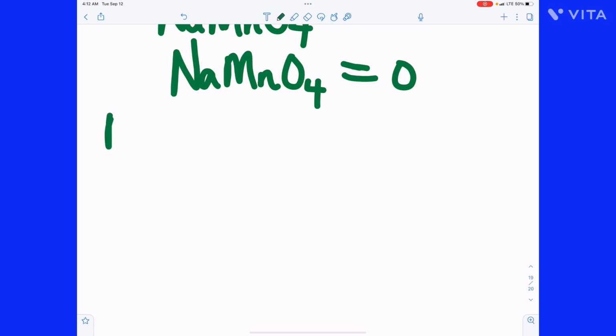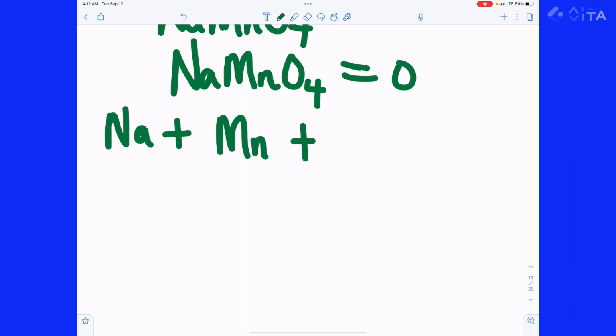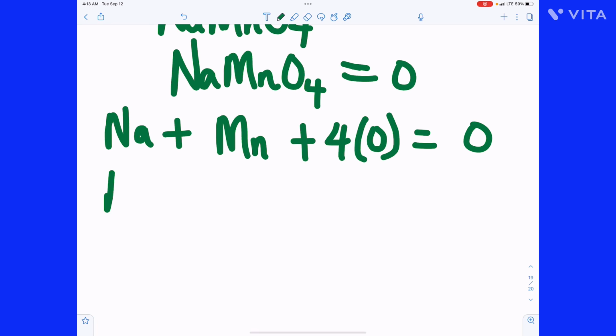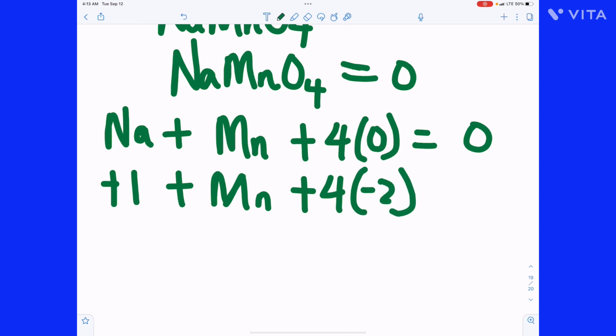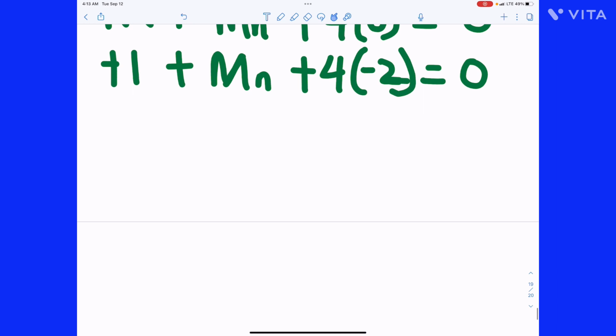What does this tell you? That if you put the charge of the sodium together with the charge of the manganese and those of the 4 oxygen atoms, your total charge should be 0. Sodium is a group 1 element with a charge of plus 1. Oxygen is minus 2.